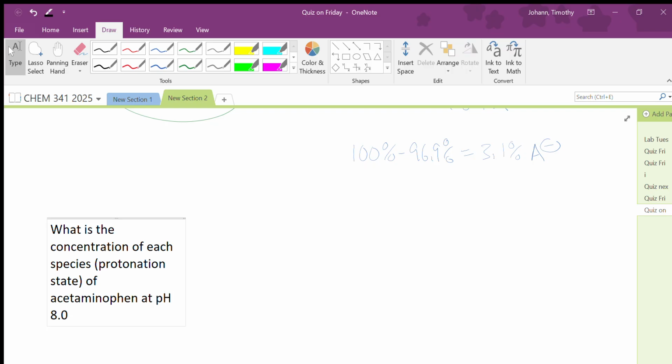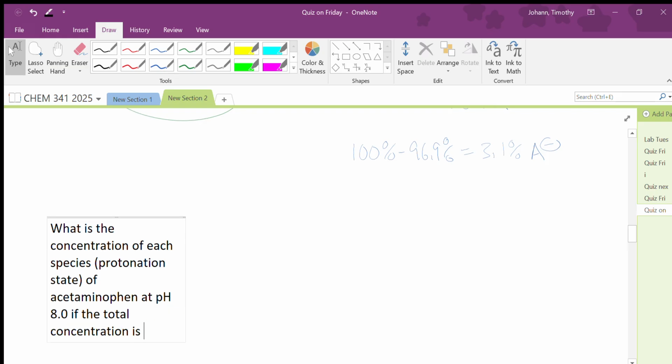Let's keep the same pH of 8 if the total concentration is, let's say, 55 millimolar.